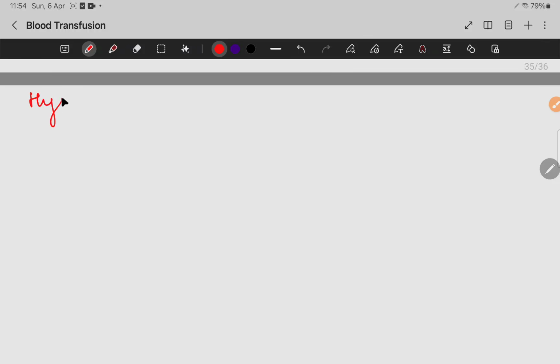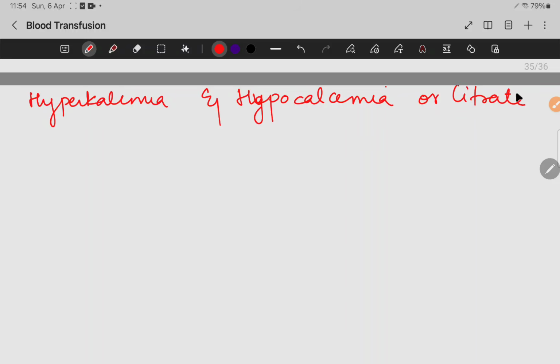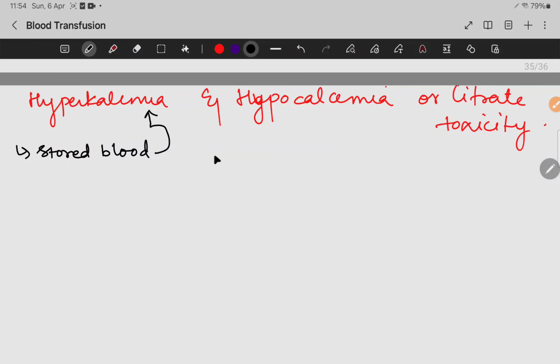Then next is hyperkalemia and hypocalcemia, or citrate toxicity. If you are using stored blood, it will cause hyperkalemia. Why?